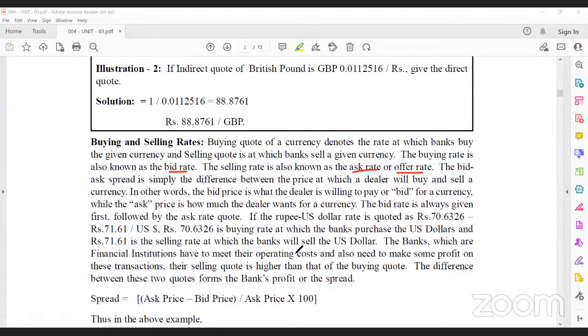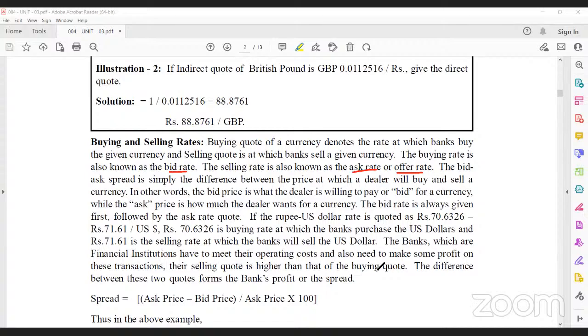In order to calculate these rates, the banks, which are financial institutions, have to meet their operating cost. That means when a bank conducts these transactions, they incur certain operating costs, and they also need to make certain profits on these transactions.